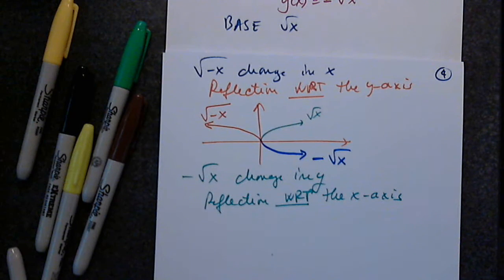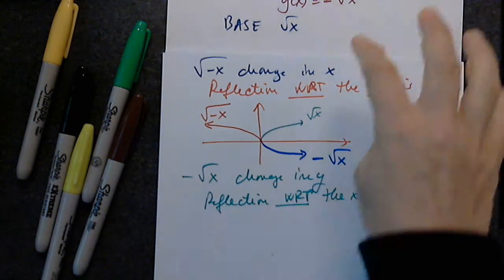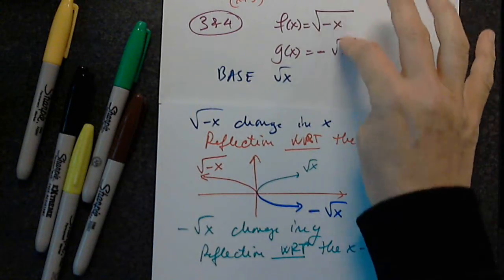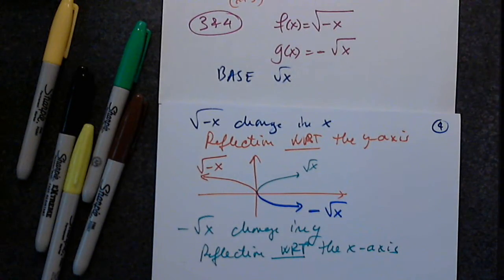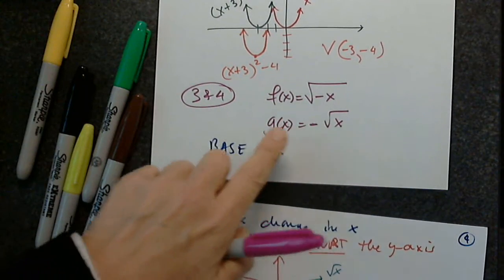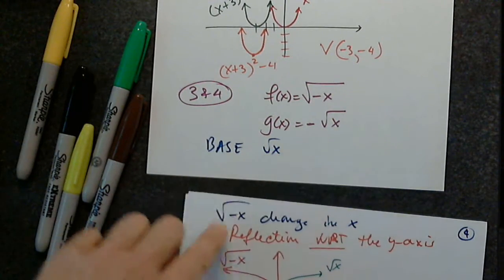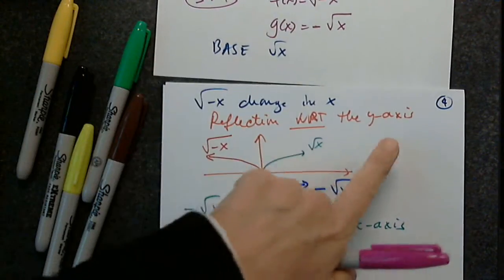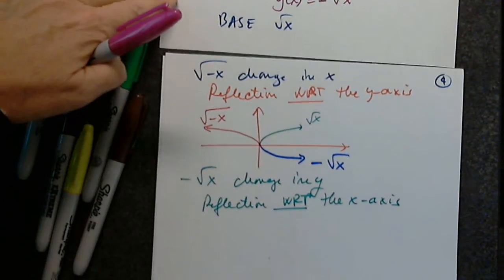Where's the negative x coming from? I created two new functions. I created f of x, which is the square root of negative x, and I created g, which is negative the square root of x, to illustrate the reflection with respect to the y-axis and the reflection with respect to the x-axis.